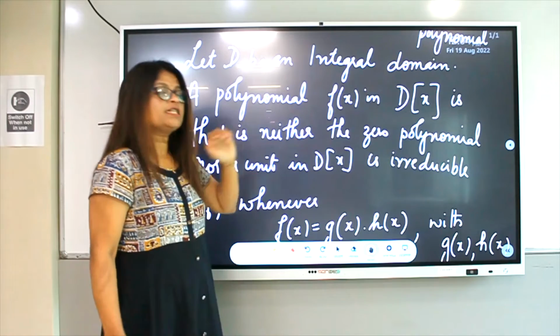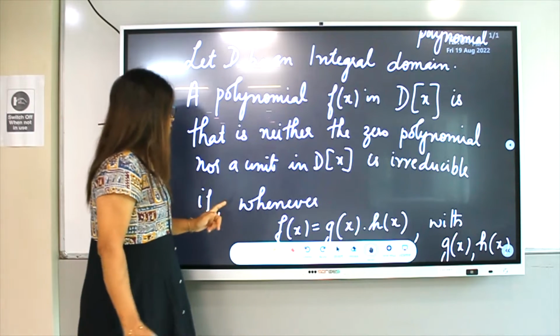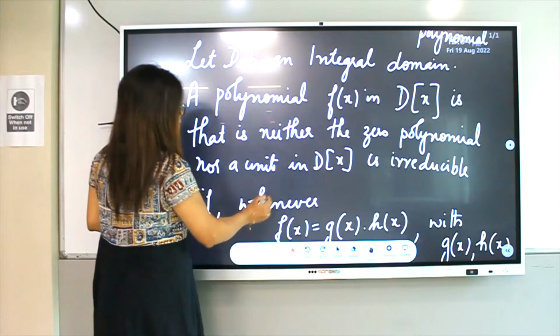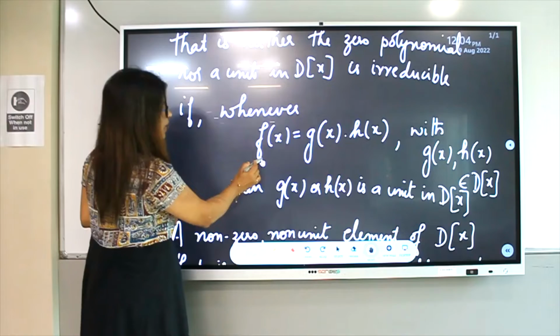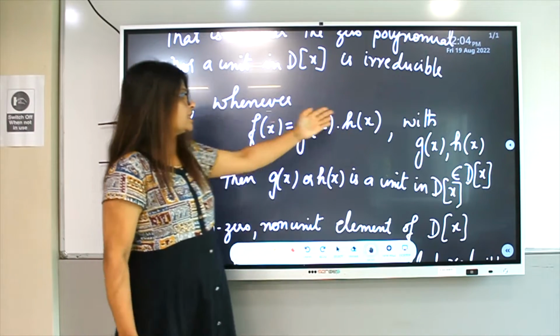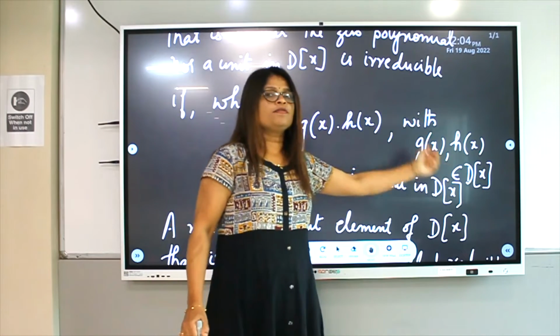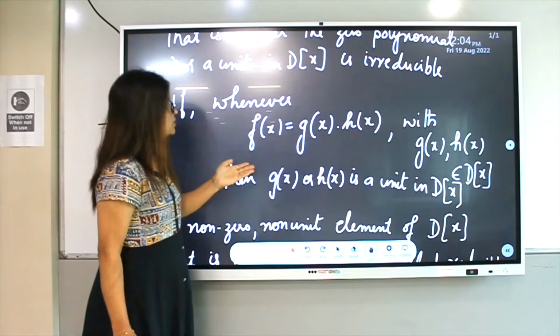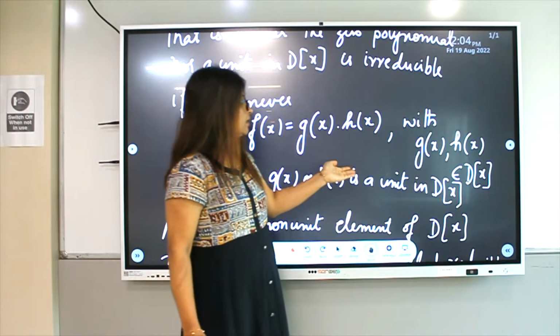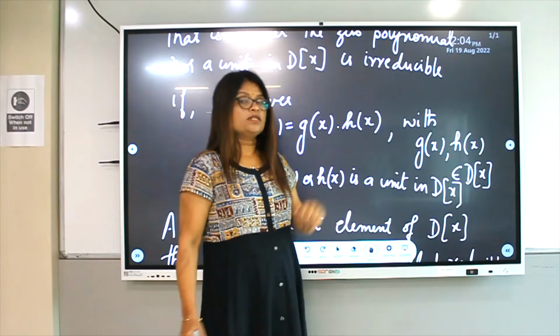Then you call it an irreducible polynomial if whenever you write f(x) as g(x) times h(x), where g(x) and h(x) are elements of D[x], then g(x) or h(x) will become a unit in D[x].